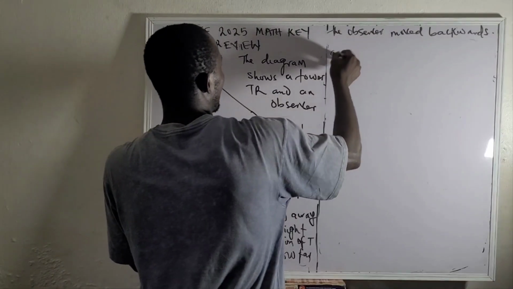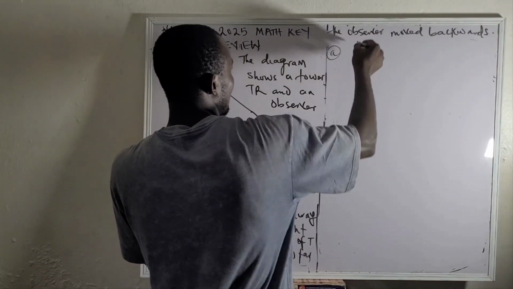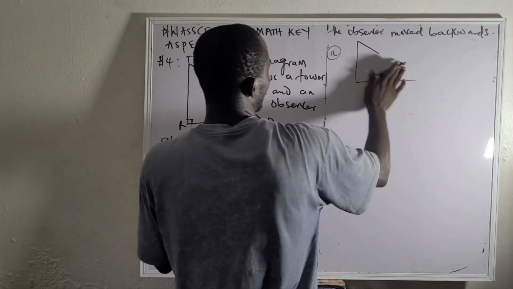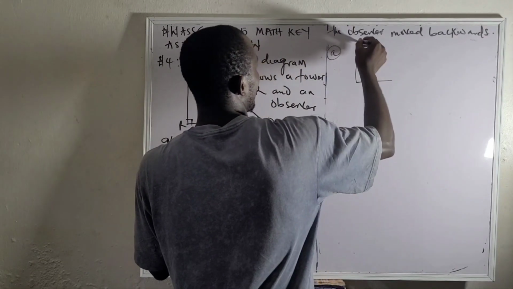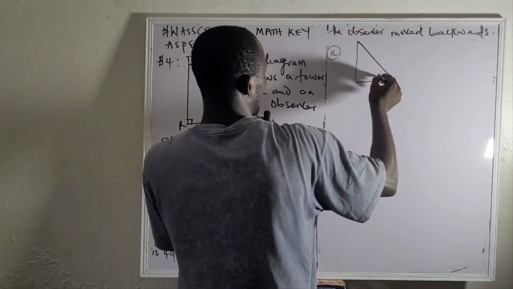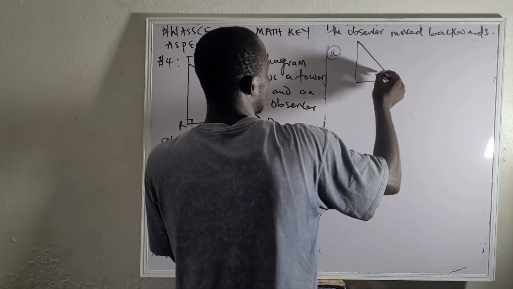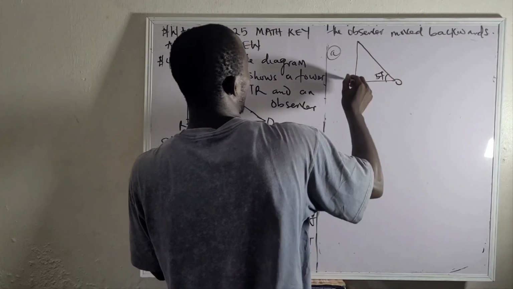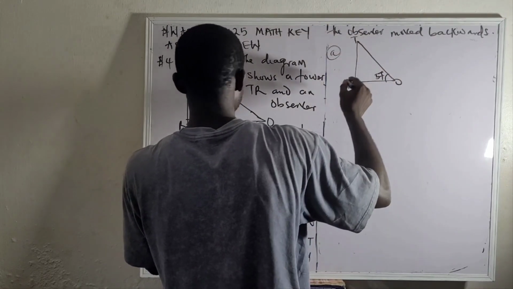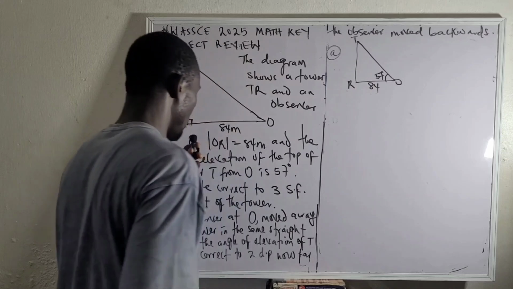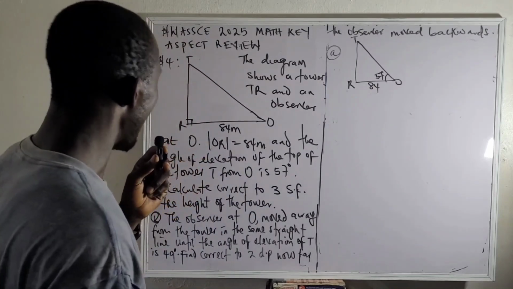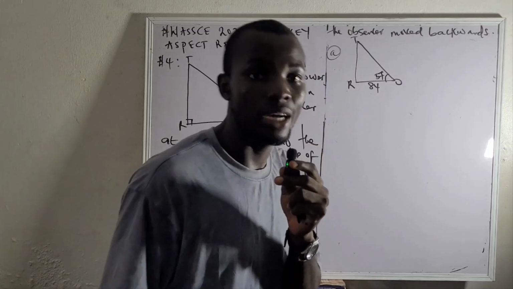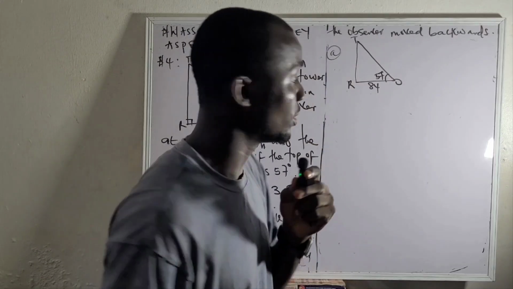Let's begin with A. This is the diagram that we have, and here is given to us as 57 degrees. This is our T, this is our O, this is our R, and this is 84. We want to find the height of the tower. We can use SOHCAHTOA, that is the trigonometric ratios.